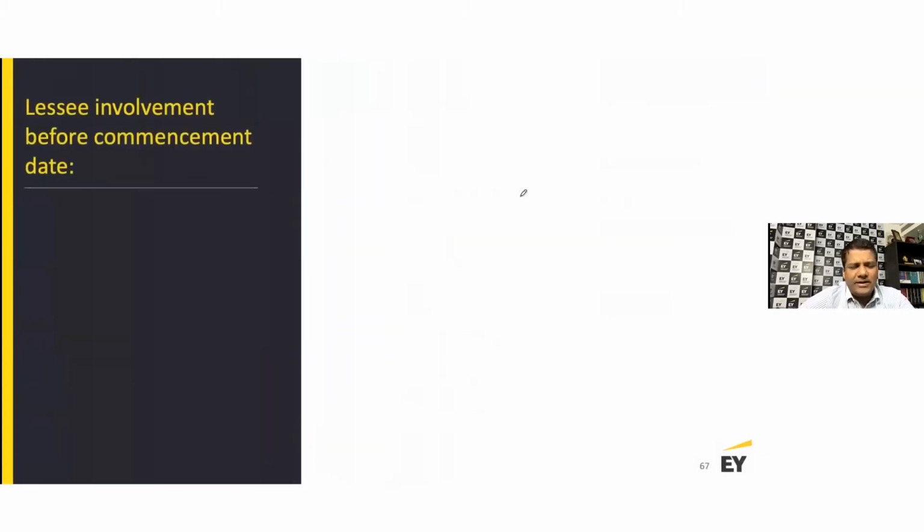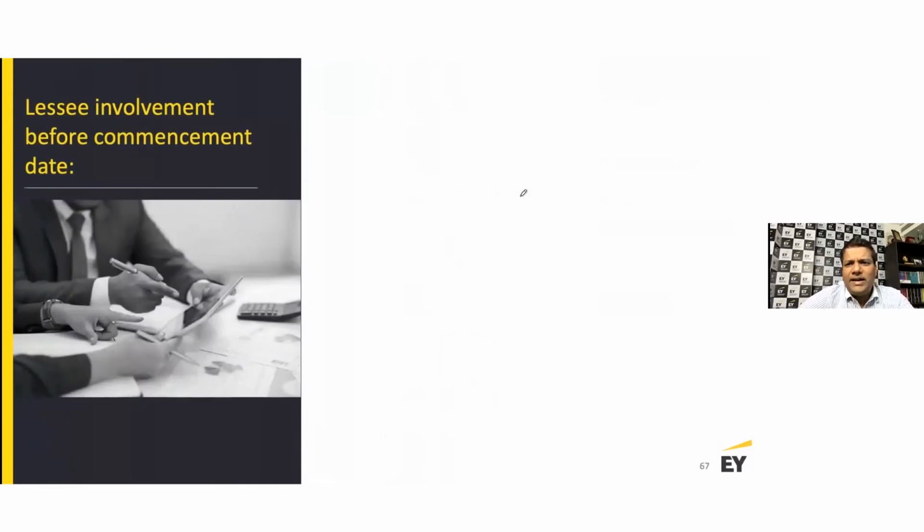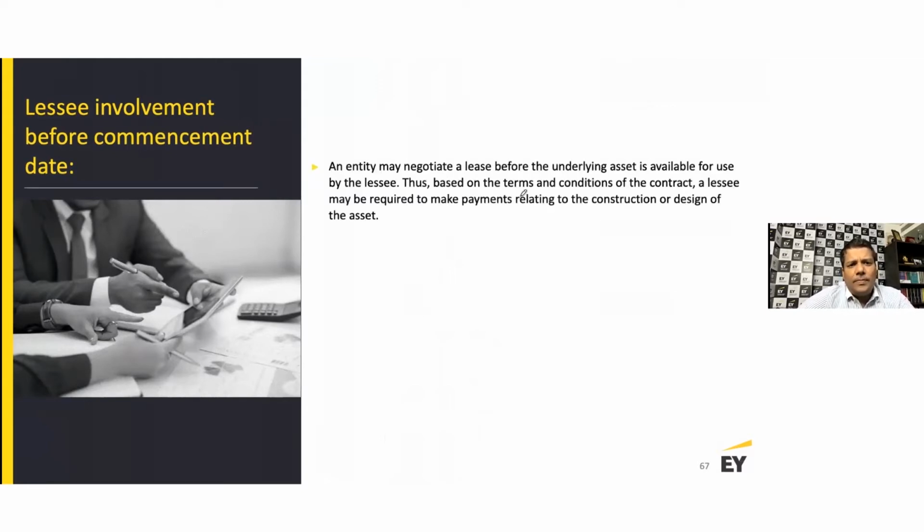Let's look at a scenario where a lessee gets involved before the commencement date. Remember, we talked about the inception date and the commencement date. The commencement date is the date when you actually determine your ROU asset and liability. The inception date is the date when you actually sign the contract and agree on all the terms and conditions. So an entity may negotiate a lease before the underlying asset is available for use by the lessee.